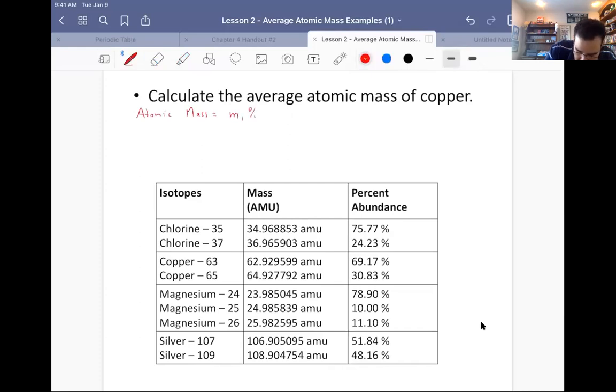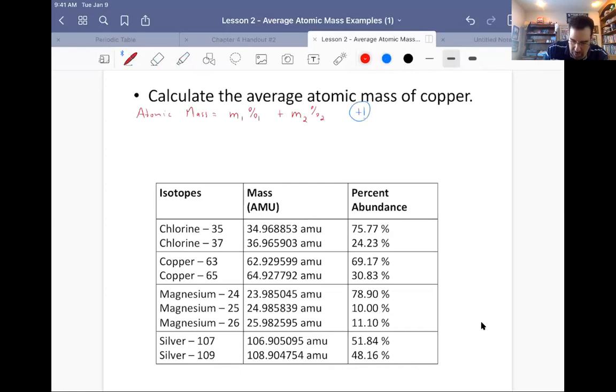M1 times percent 1 plus M2 times percent 2, okay? If you calculate nothing and you do nothing else, you are going to get one point for writing that out. If you do not include that, you will lose 1 point. So this is going to be a 3-point question. There is your first point right there, okay?